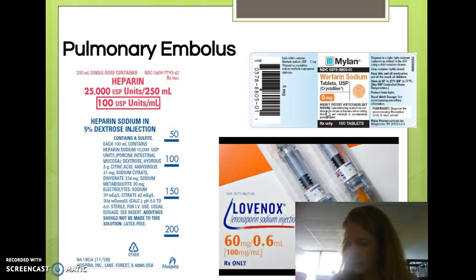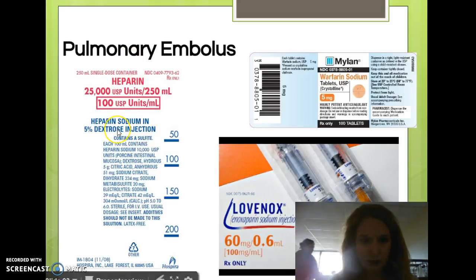And the lab that we use to monitor warfarin or Coumadin levels is called the PT/INR. They're actually 2 different labs, and we mostly use the INR, but they always are going to go together. So PT/INR will monitor your Coumadin or warfarin, and your PTT will be used to monitor the heparin. Very similar in action, although heparin's going to work a little faster.